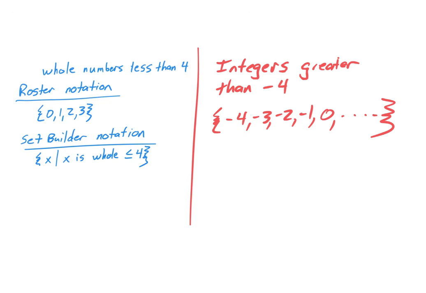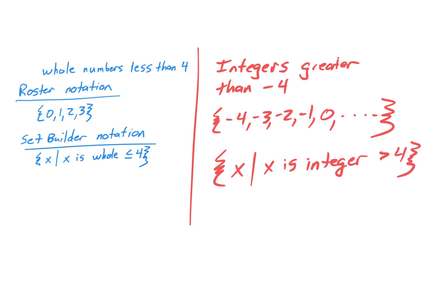If I did this as set builder notation, I would just say x, and I always use x because that's just the variable we use for algebra most of the time. You can use a different variable if you want to. And we just say all values of x such that x is an integer greater than negative 4.